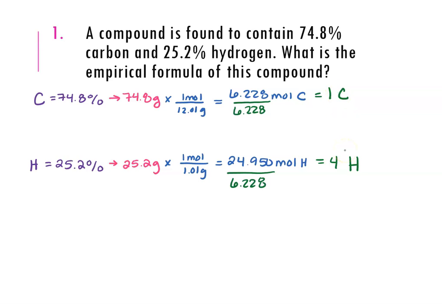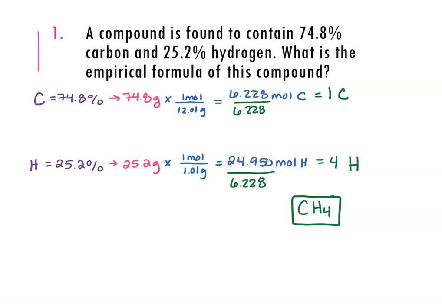The multiply till whole step is only if I don't get whole numbers. So here, since I've gotten whole numbers, I can just write my formula. I have 1 carbon and 4 hydrogens, so my formula here is going to be CH4. I don't have to put the 1 when I write the formula because the 1 is understood to be there. If you do write the 1, it's not incorrect, it's just not wholly correct.